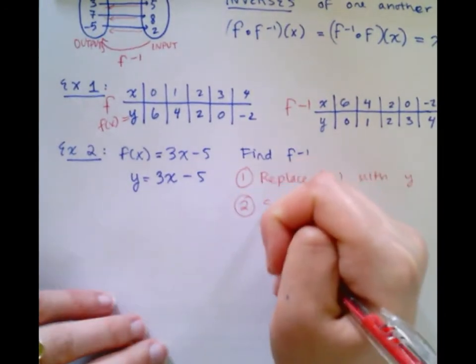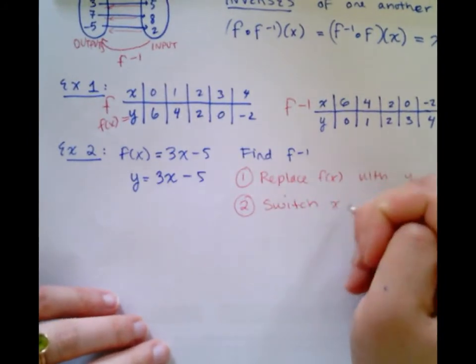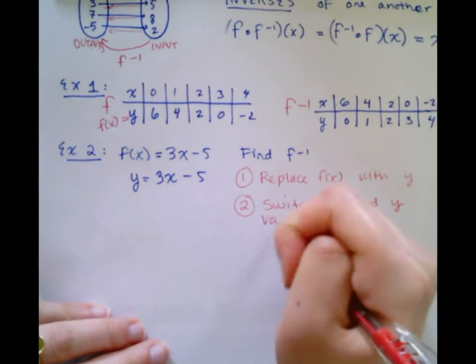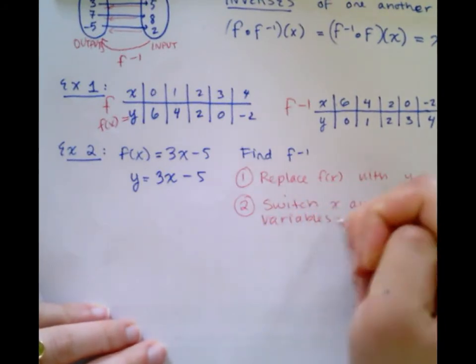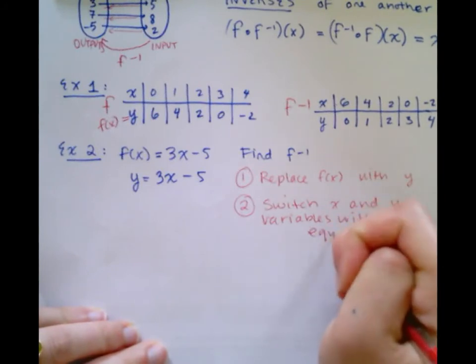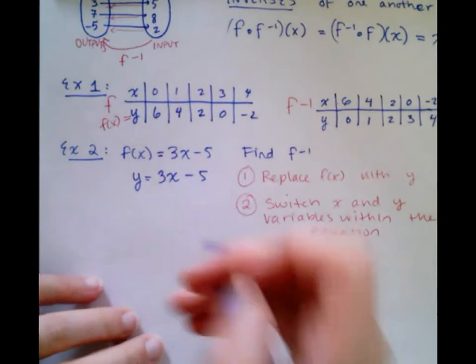I'm going to switch the location of the x and the y. So I'm switching x and y variables within the equation. So what does that look like?